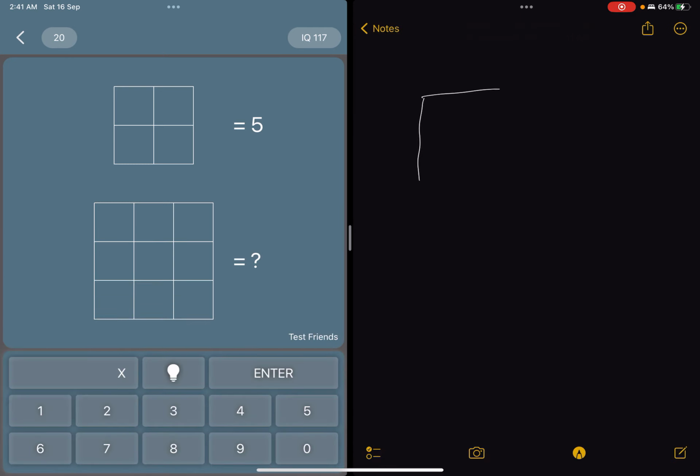So we have this one, I would say the easiest one. Before it there would be just a single square, so I'm not considering that one.